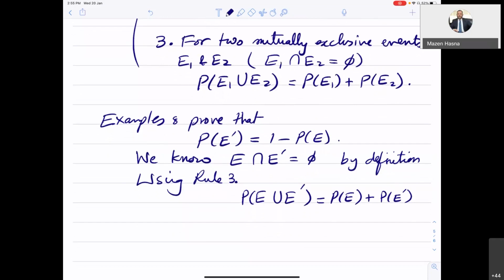But we know that E union E bar is S by definition, so this is probability of S.